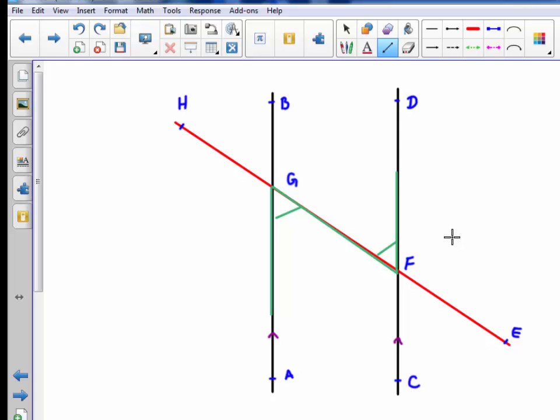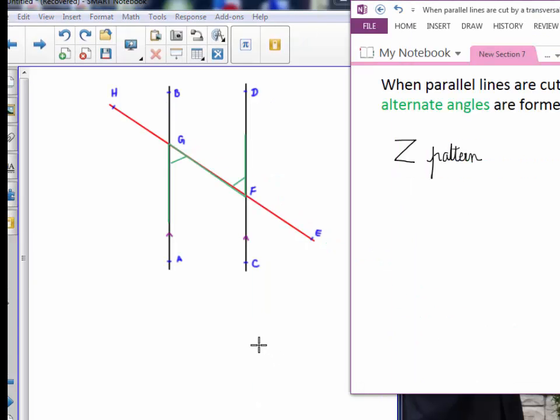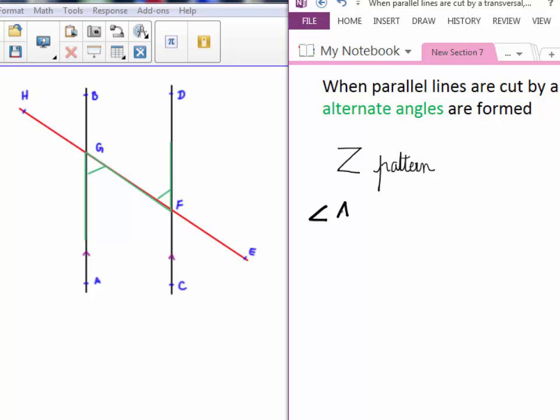So in this case I can write these two angles this way. I'm going to keep the same image so you can see it. What we're going to write here: angle AGF equal to angle GFD.